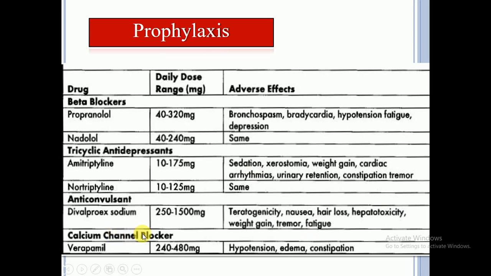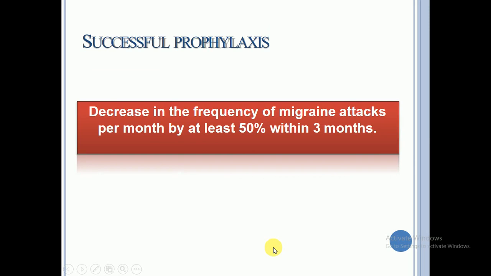Calcium channel blockers can also be used, like verapamil, available at a dose of 240 to 480 milligram, depending on the condition of the patient. It may cause hypotension, edema and constipation. A successful prophylaxis is a decrease in the frequency of migraine attacks per month by at least 50% within 3 months.